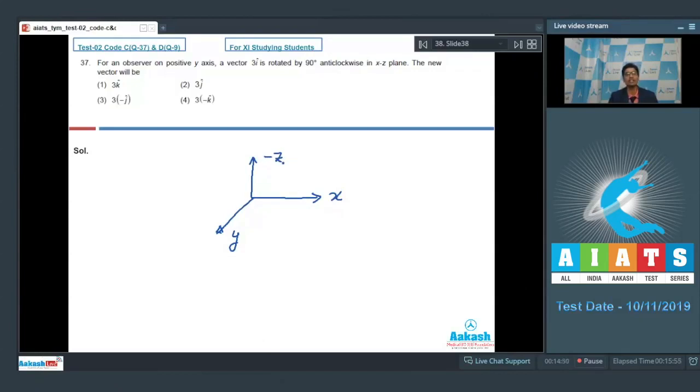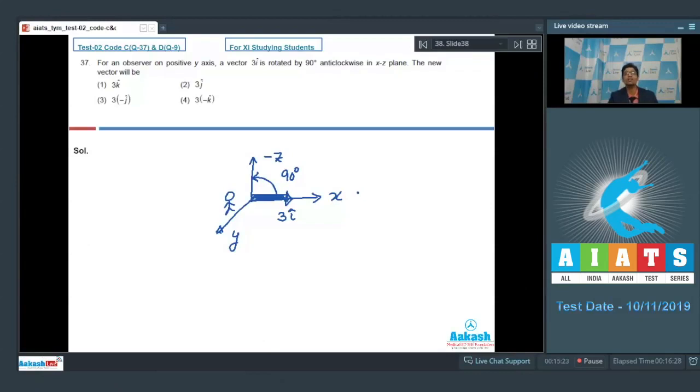It is given initially that the vector is 3i cap, which means that the vector is aligned along x-axis and the vector has a magnitude 3, precisely 3i cap vector. Now, for an observer at positive y-axis, it is observed that the vector is rotated anti-clockwise by an angle of 90 degree, which means that this particular vector would finally be aligned along negative z direction.